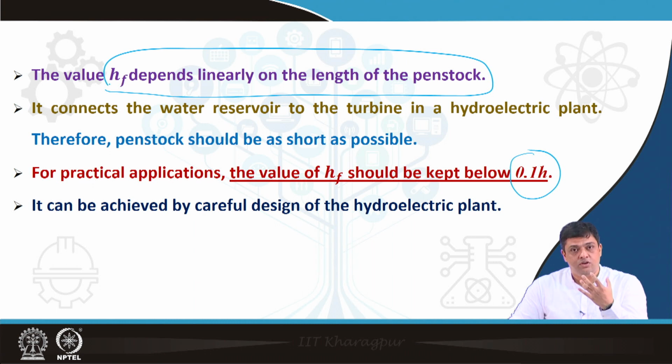Because the filter ensures that no unwarranted impurities flow down the penstock. Otherwise, if those impurities or objects, which can be very hard, interact with the turbine blades, they may get damaged and your whole system will come to a standstill. So, the role of the filter must also be understood very clearly.